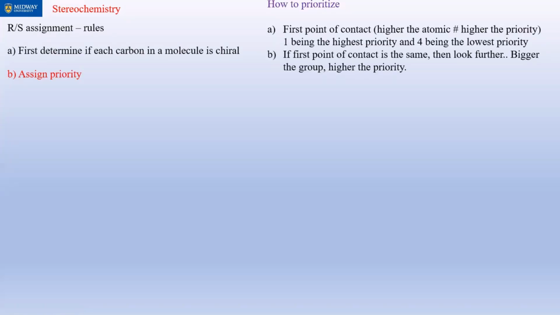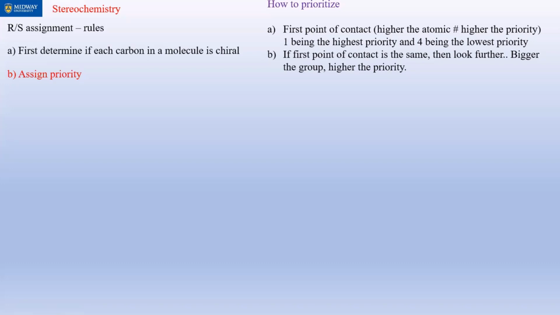Assign priority, again, first point of contact. With respect to the carbon, the higher the atomic number, the higher the priority. So this idea of first point of contact is exactly the same as how I have taught you when we learned about functional groups or other things that we have done, okay?